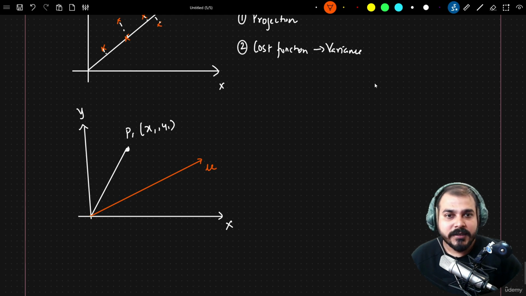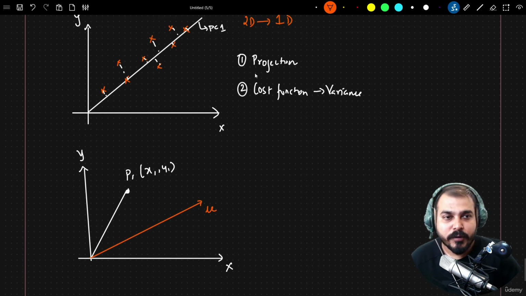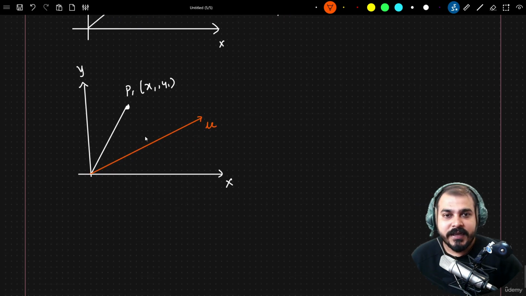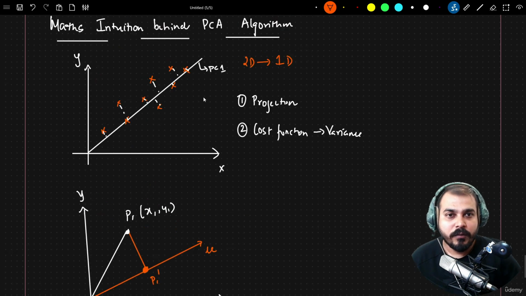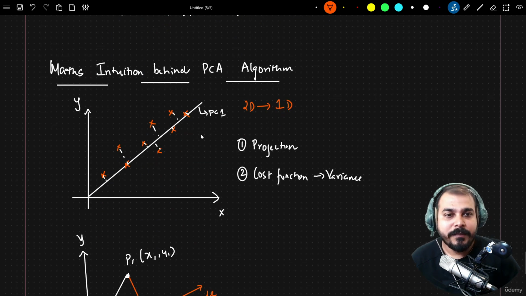Now, the first point is all about projection. So let's say that if we really want to project this P1 onto this particular vector, then we will get something called P1 dash. Now, we really need to find out this new projection, because our main aim is to capture the maximum variance.